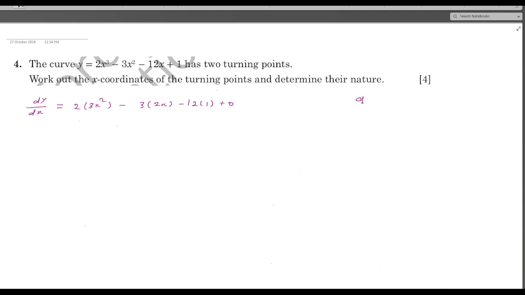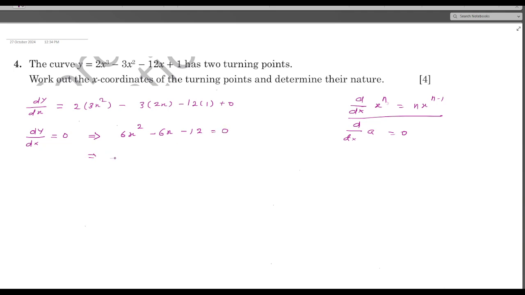You all know that the derivative of x to the power n is always n times x to the power n minus 1, and the derivative of any constant value is always 0. So this is your derivative. Now for a turning point we have the condition dy by dx is equal to 0.